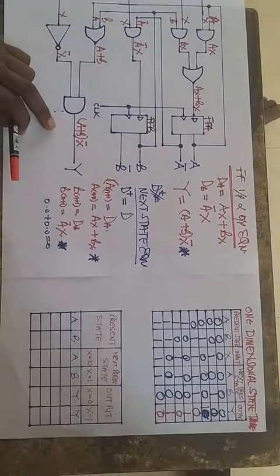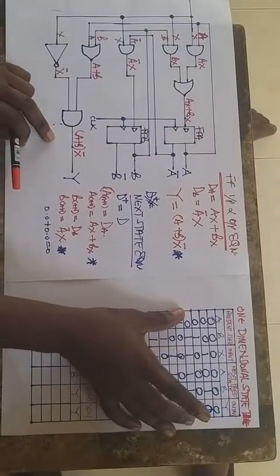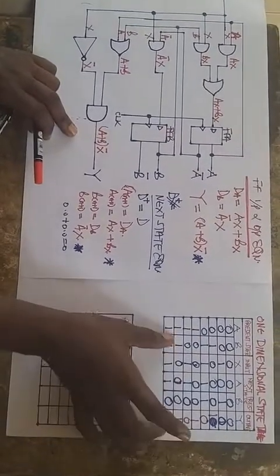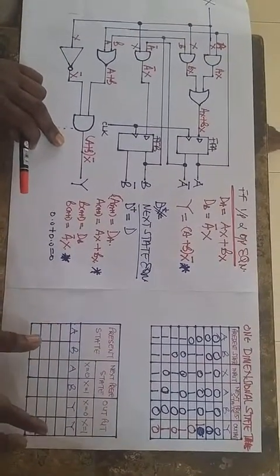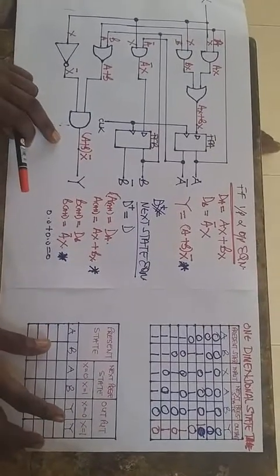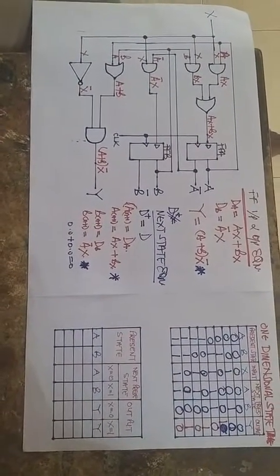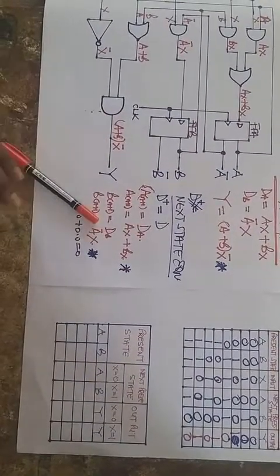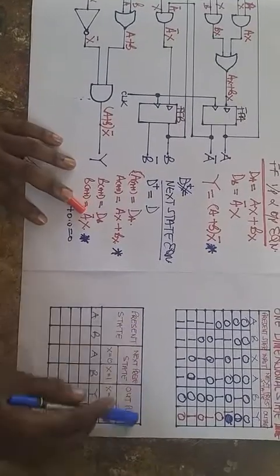Okay. So with the state table, we can go on with the state diagram. But let me show you how to use the two-dimensional state table as well. So we are going to use the two-dimensional state table. It's the same thing.